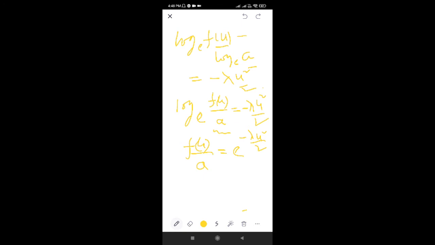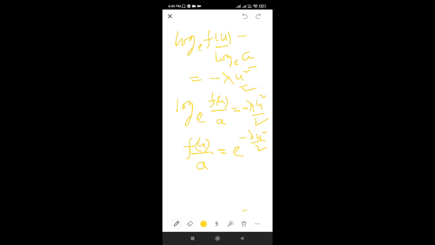You check the formulas in logarithms. So f u by a is e power this RHS.